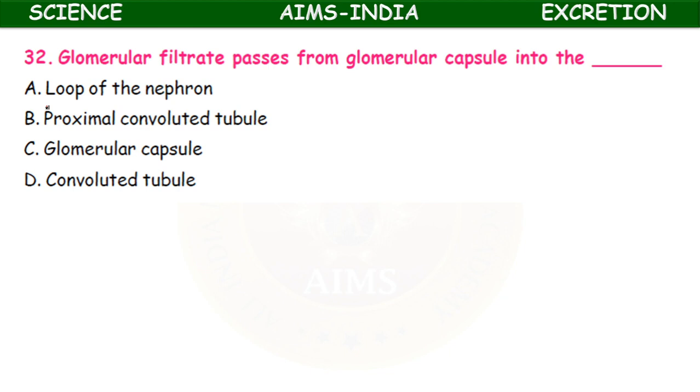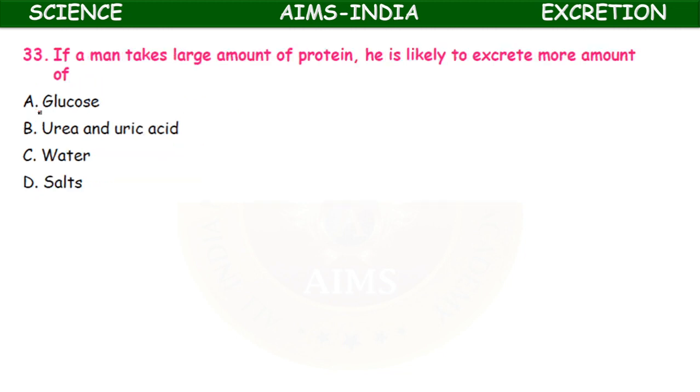Glomerular filtrate passes from the glomerular capsule into the loop of the nephron, proximal convoluted tubule, glomerular capsule, convoluted tubule. It is the proximal convoluted tubule into which the glomerular filtrate passes.